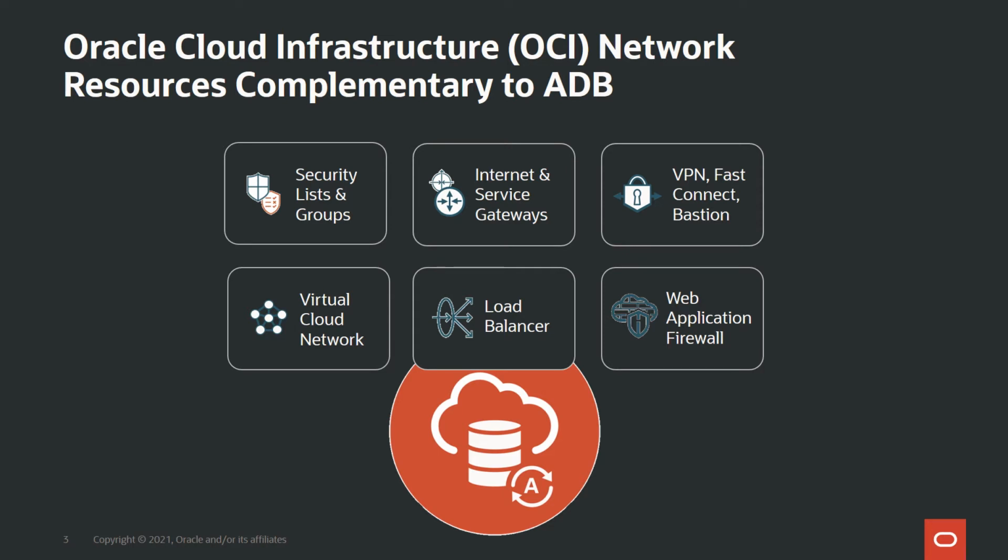So we're going to talk about some of these. Load balancer in particular, we'll use that for Vanity URLs, but they're very useful added capabilities that OCI provides and that you can leverage. Most of them are available for free or no extra cost. The ones that are paid services are available at very modest additional cost.